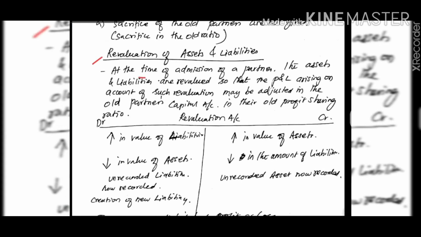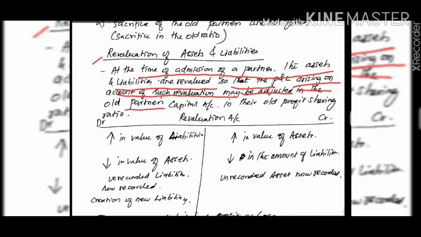At the time of admission of a partner, the assets and liabilities are revalued so that the profit and loss arising on account of such revaluation may be adjusted in the old partners' capital accounts in their old profit sharing ratio. Before we admit a partner into our partnership firm, we have to revalue all the assets and liabilities.